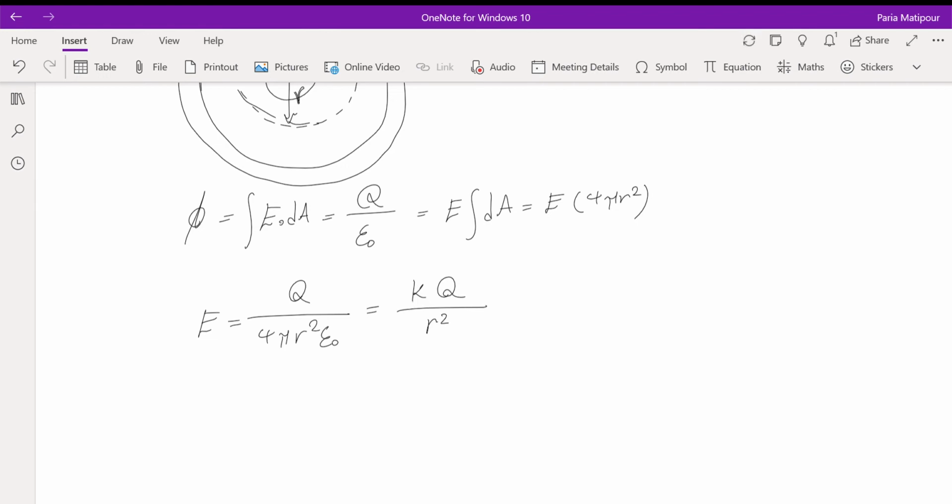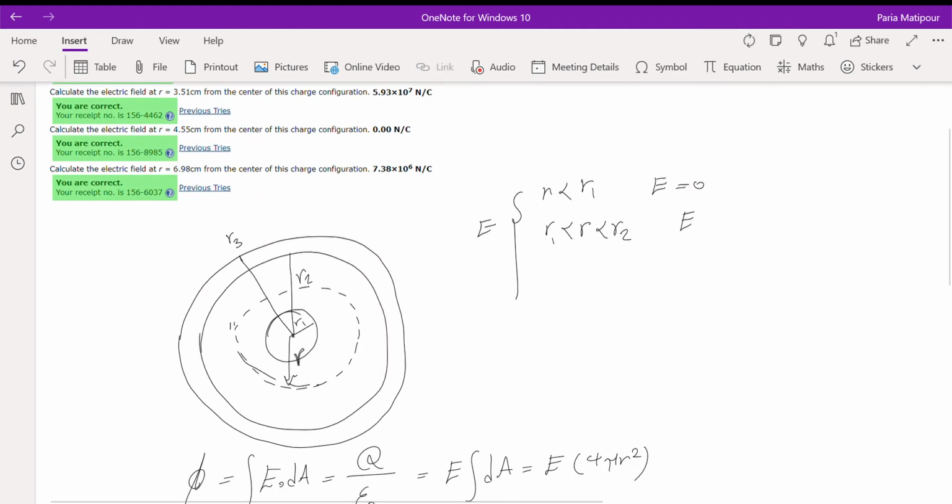And also, in case you didn't know, K is equal to 1 over 4 pi epsilon naught. So this is just like the E that we have. I'm just going to write it here, KQ over r squared.